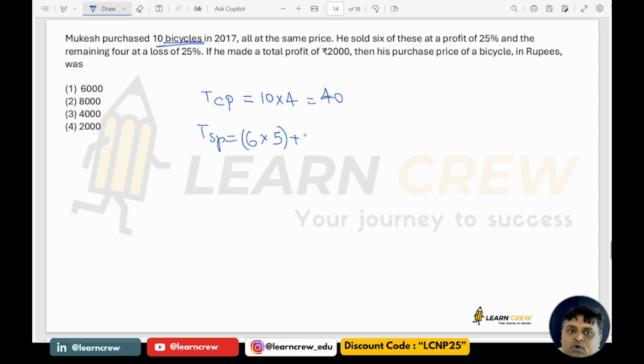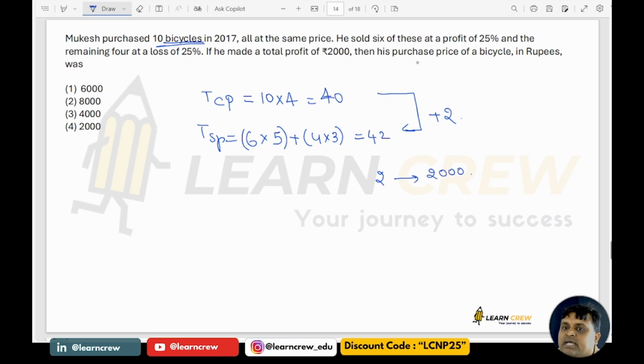And the remaining 4 at a loss of 25%. So 3. So 6 into 5, 30 plus 12, 42. So total cost price is 40, total selling price is how much? 42, thereby a profit is 2. This 2 total profit is given as 2000.